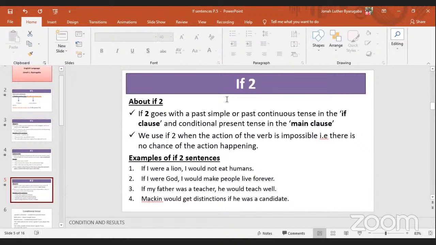Now, if two goes with the past simple tense or the past continuous tense in the if clause.